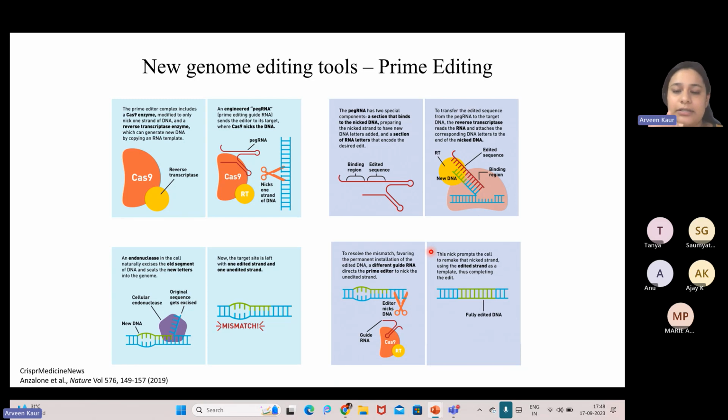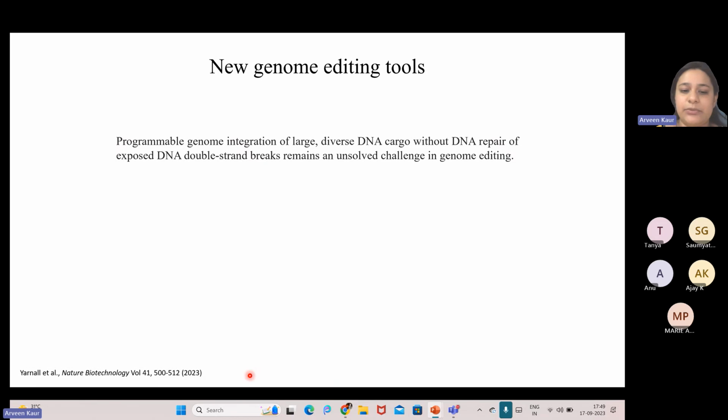Although there was not a double-stranded break happening, there was still a single-stranded break occurring, right? So it will still pose some difficulties and some off-target effects, right? In order to further better this technique, we have a very new technique which is fresh from this year, that is 2023, from another group, wherein they have basically made another kind of tool.